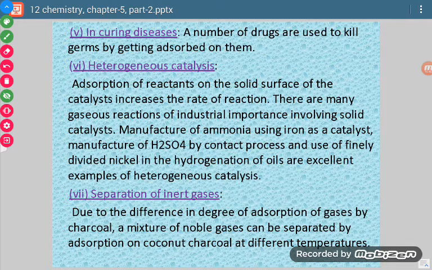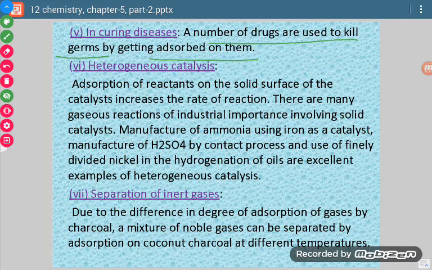Now in curing diseases, there are a few drugs which are used to kill germs. They adsorb on those particular germs. So there also the adsorption process is used.